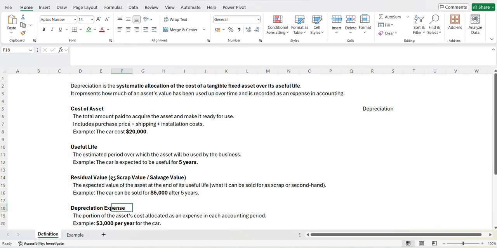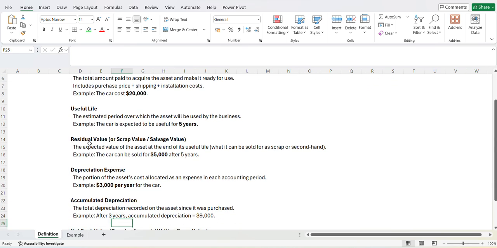And then we have the residual value. This is the estimated value of your asset at the end of the useful life. For instance, at the end of 3 years, you expect to sell your machinery for, let's say, $3,000.